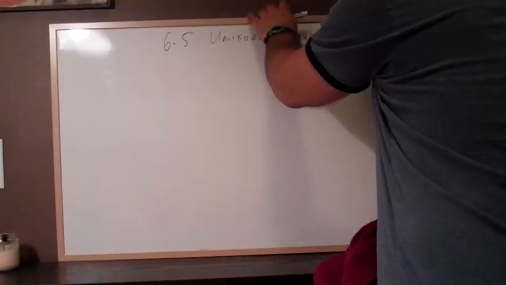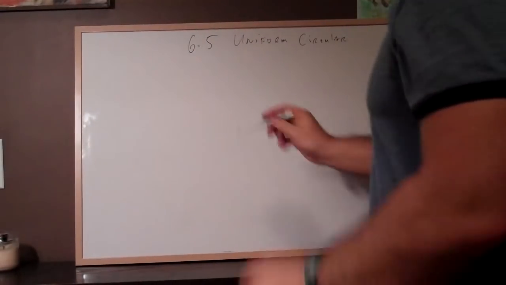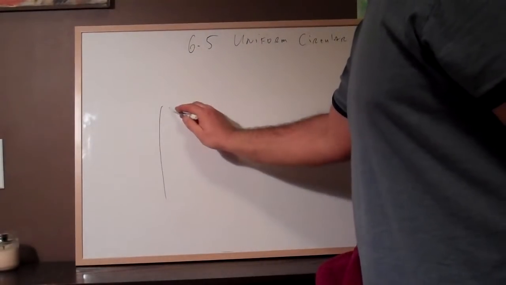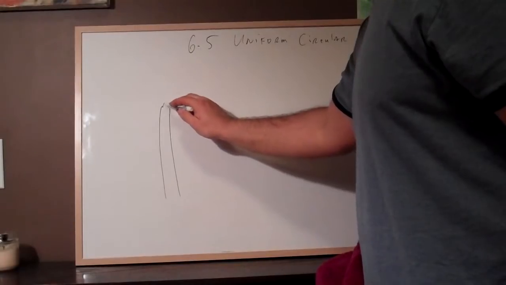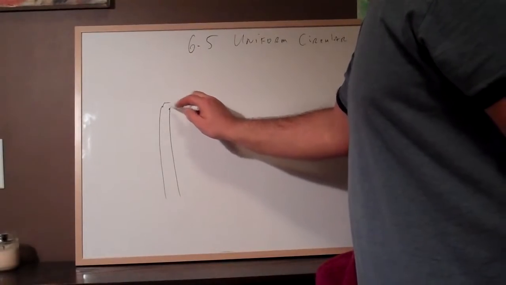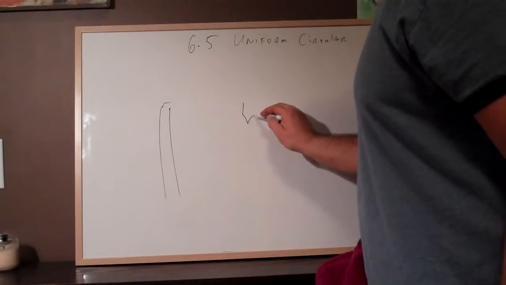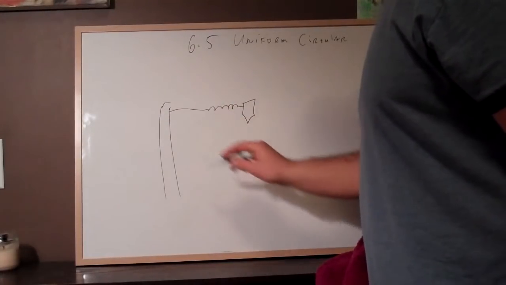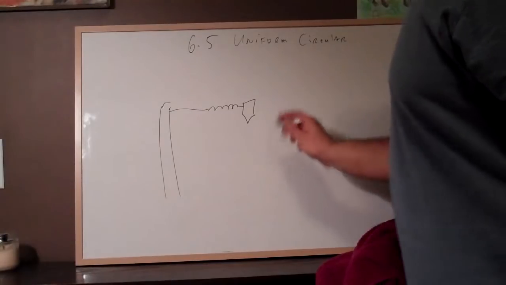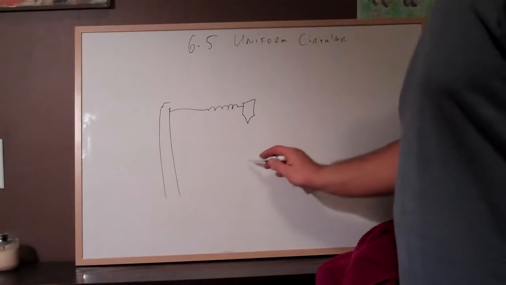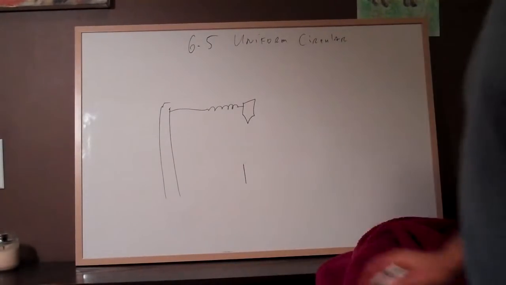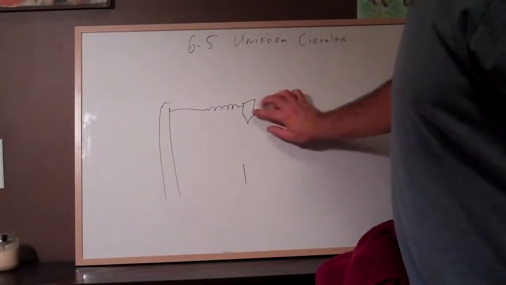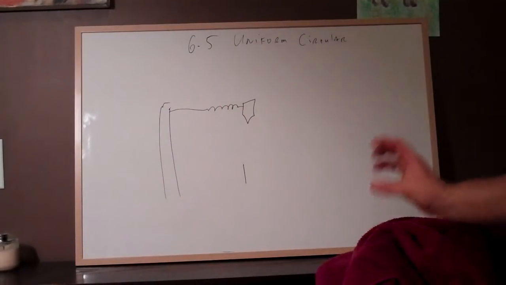In the lab we'll have a setup like this, and we'll have a mass that's attached to a spring. I could have the drawing off just by a little bit. This mass is actually over here if it's not spinning.